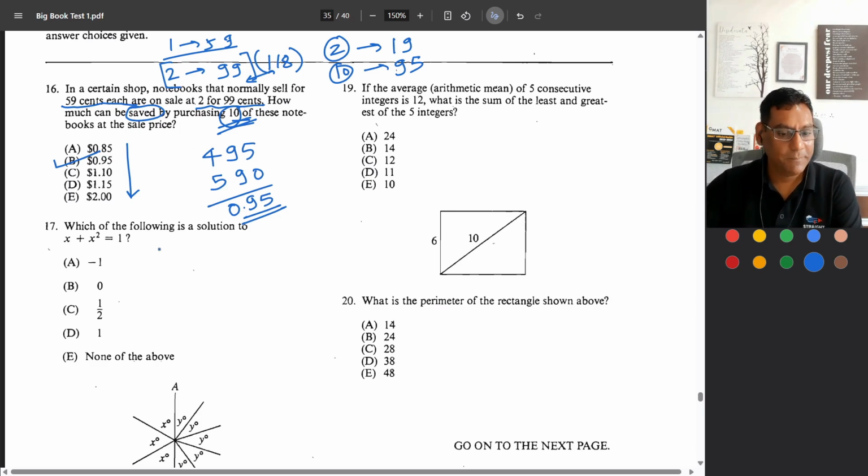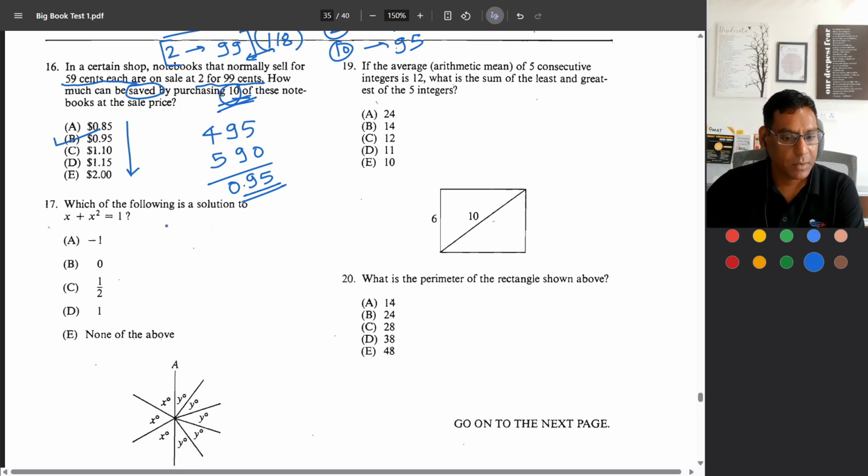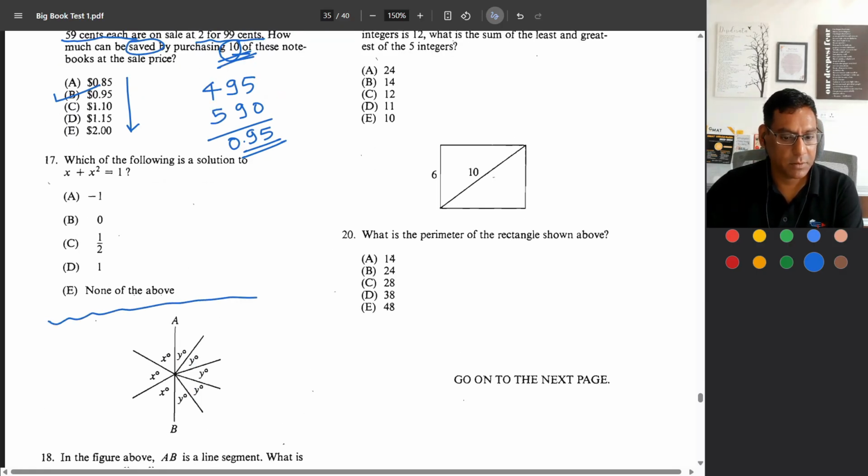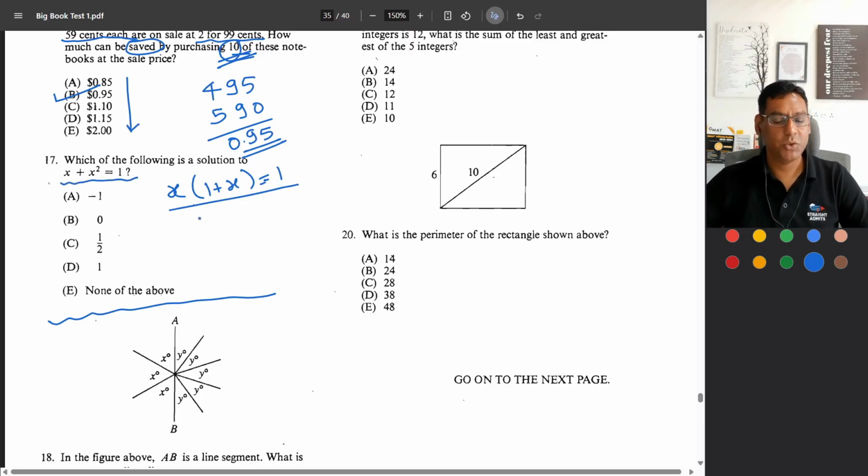Okay, let's move on. Which of the following is a solution to, okay, this figure is for another question already. Let me draw a line. Which of the following is a solution to x plus x square equal to 1? Let me take x common, so I get x times (1 plus x) equal to 1. I'm not able to think of any numbers right now, but I'm sure this is a quadratic equation, so there will be some solutions.